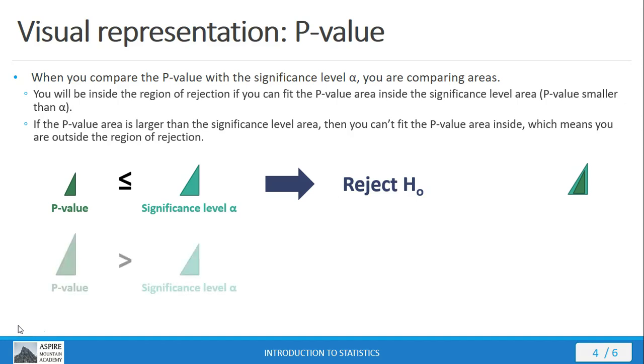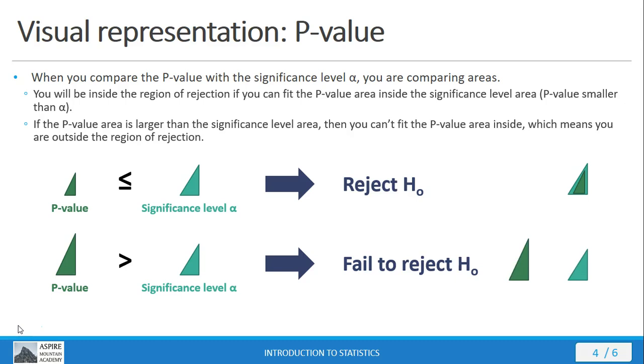Alternatively, if our p-value is greater than our significance level, that's going to lead us to fail to reject H naught. Because when we look at our two areas and try to fit that p-value inside the significance level, it's bigger. It can't fit inside. And so we're outside the region of rejection and we fail to reject H naught.